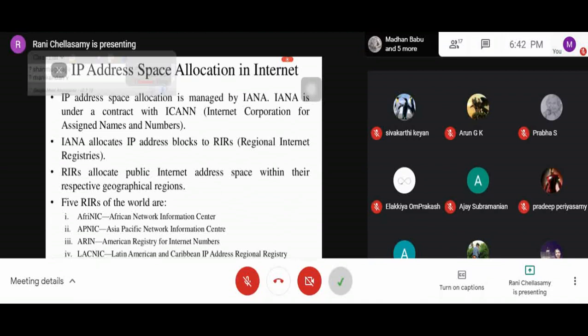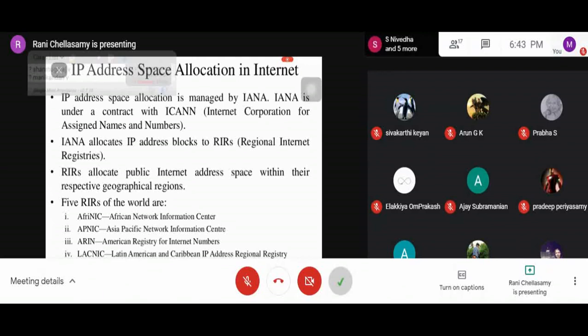As we have seen earlier, this IP address will be distributed by IANA, and that will be controlled by ICANN. So IANA does the address space allocation. IANA allocates the IP address blocks to the regional internet registries, and these registries allocate the public internet address space within their regions.